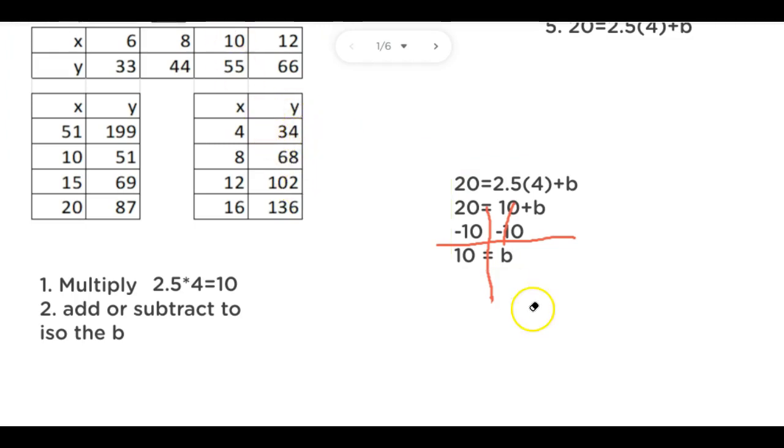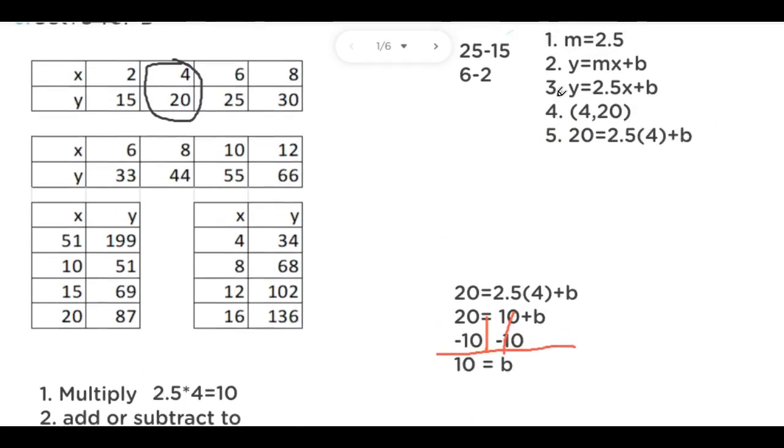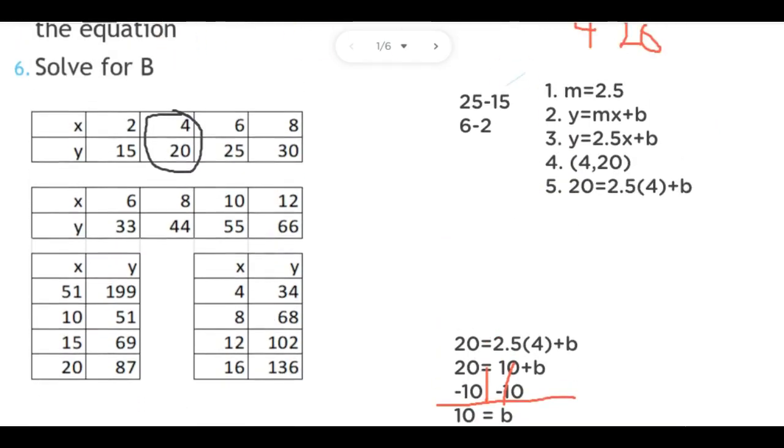So I'm just going to use an eraser right here and erase this line and make it a little shorter. This is how I solved for my variable. So if I come back up here to my steps now, I have b equals 10. So now I have solved for my b.